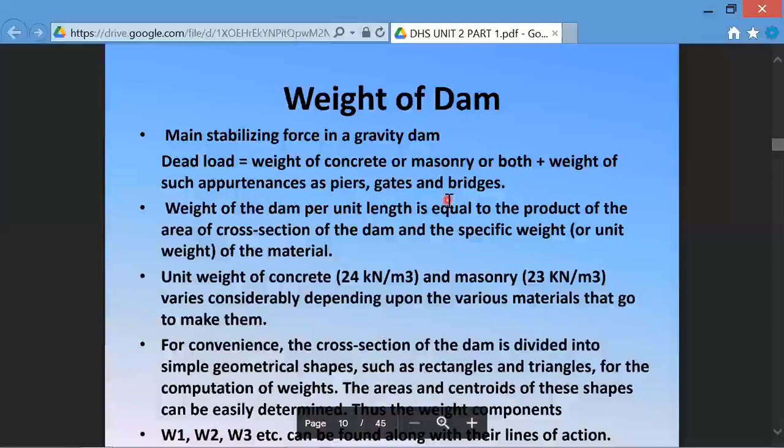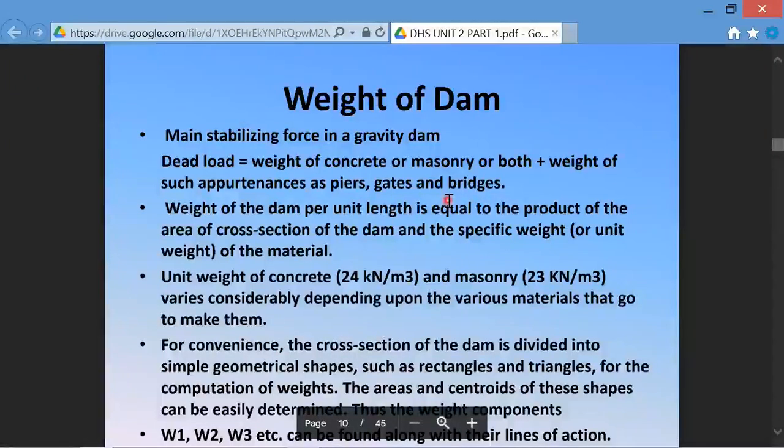And the weight density for RCC is 25 kilonewton per meter cube. So this is the difference of 1 kilonewton per meter cube between concrete and RCC, because in RCC we consider the steel bars, and in concrete we do not consider the steel bars. Therefore this difference is there.